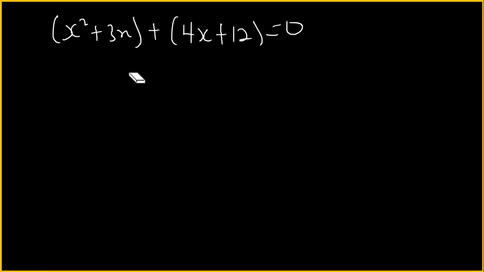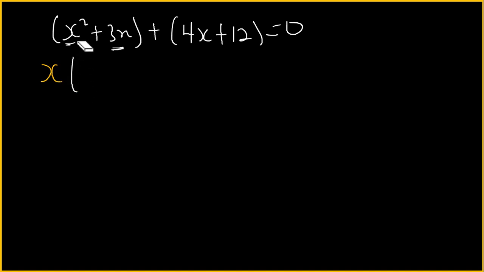So from here we are going to factor out the common expression. From the first bracket we have x squared and 3x, so there is an x, there is an x. The x is taken outside the bracket.